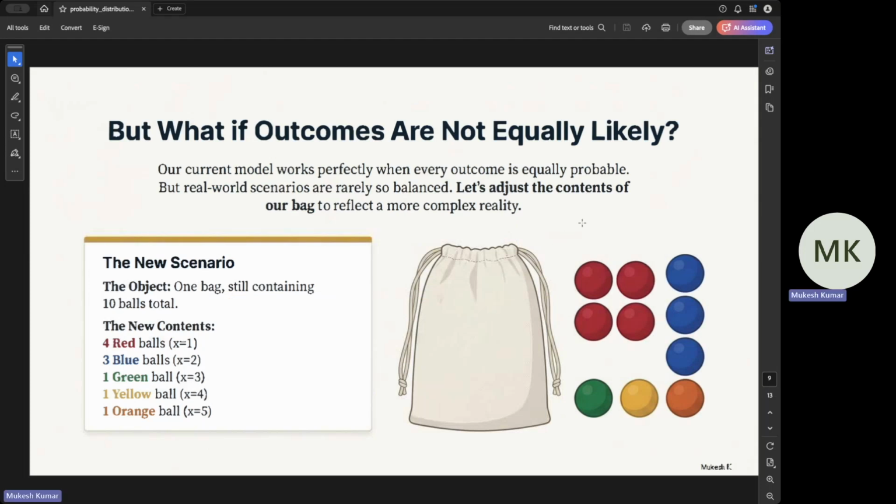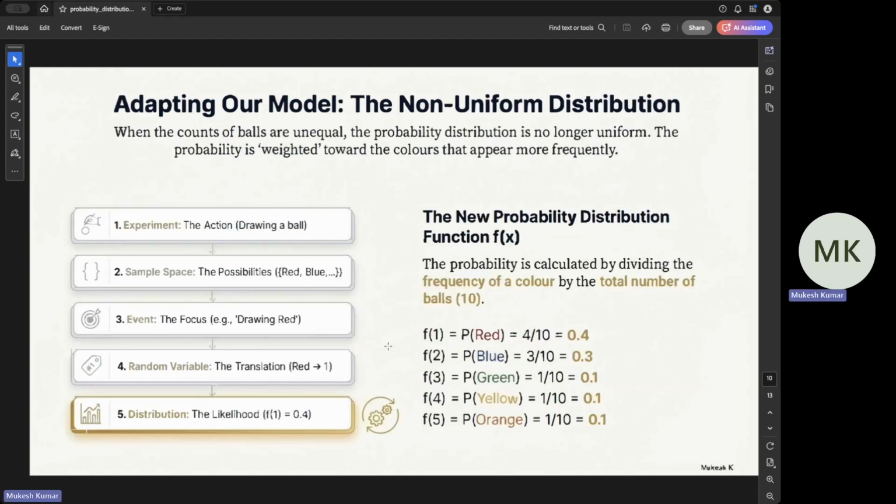Now, in this case, the bag happened to contain an equal number of balls of different colors, but that might not be the case, and it can happen that the balls of each color are not the same in number. So in this particular case, let's assume that the red balls were 4, blue balls were 3, and green, yellow, and orange were 1 each. So the same concepts apply.